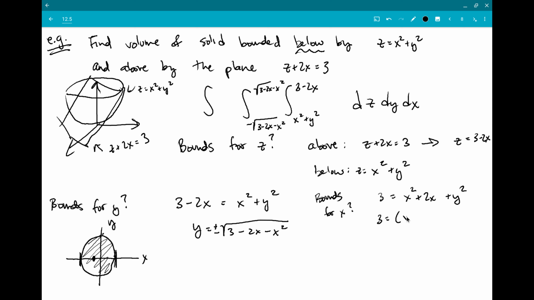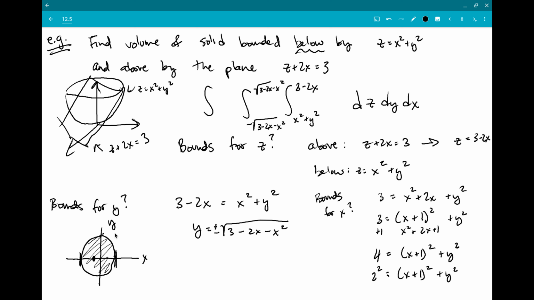And then I'm completing the square. If I do x plus 1 squared, that gives me x squared plus 2x plus 1. So since there's a plus 1 I haven't accounted for, I better add it to the other side too. So I get 4 is equal to x plus 1 squared plus y squared. That's 2 squared is equal to x plus 1 squared plus y squared.